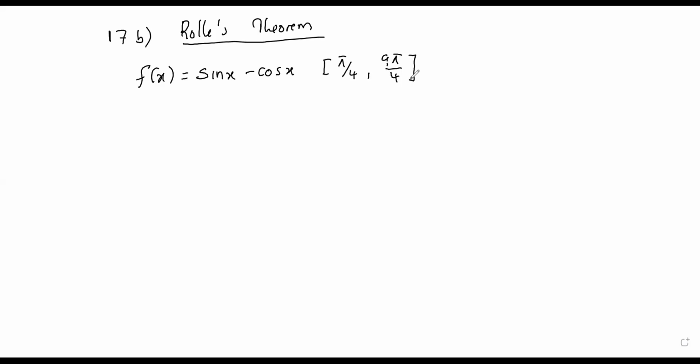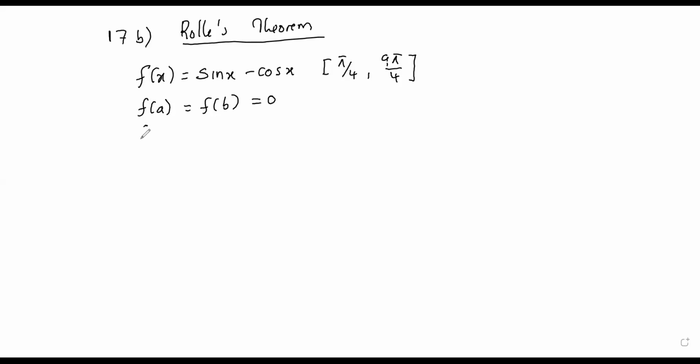Now if you look at this function, it is continuous on this closed interval. The second thing we should check is if f of a is equal to f of b, equal to 0.